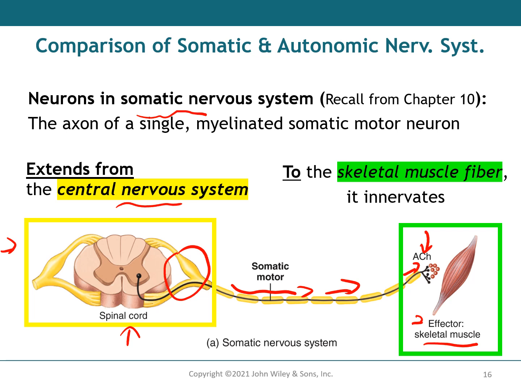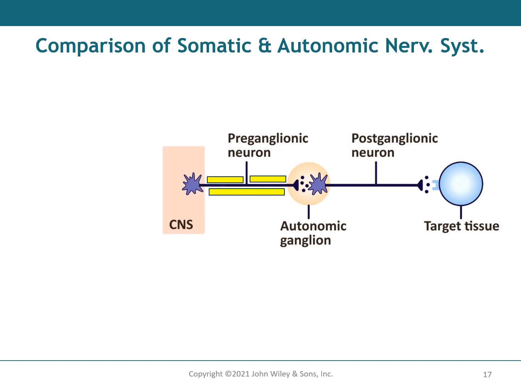Now I'm going to show you that in the autonomic nervous system the neuronal circuit is slightly different. Different from the somatic nervous system, the autonomic nervous system has not only one but two neurons in series, and this is very common in many autonomic motor pathways. Here you see that the first neuron is going to be attached to the central nervous system, so the soma will be there.